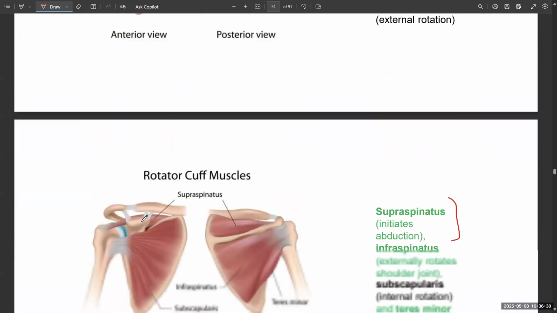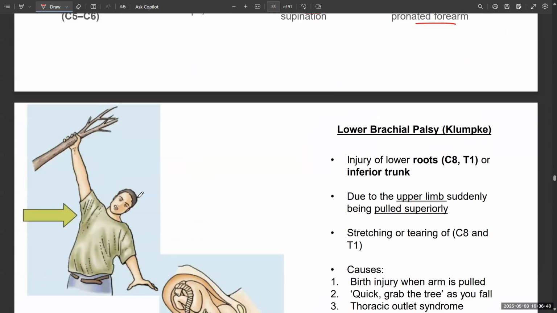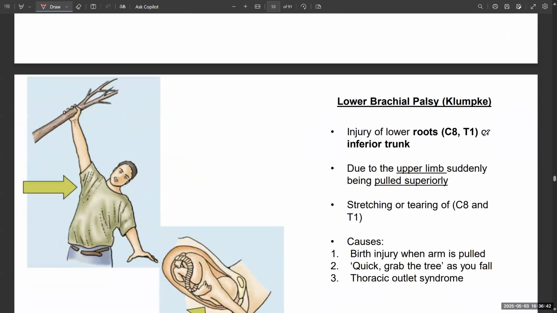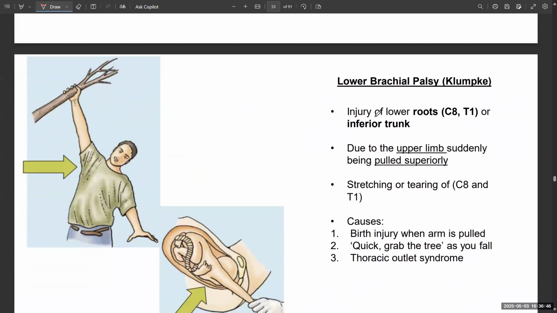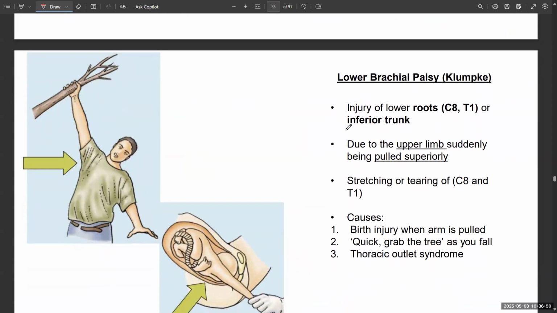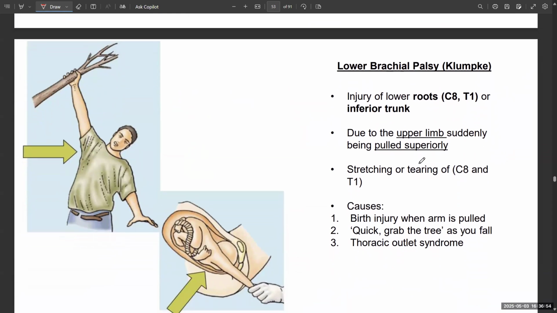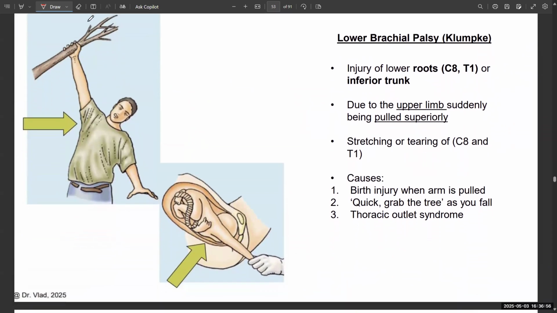Now, moving on to the lower brachial palsy. It's also called Klumpke palsy. So this is injury of the lower roots, so C8 to T1 of the inferior trunk. And this is due to the upper limb suddenly being pulled superiorly. So if you have this guy and he's falling down, right? And he suddenly grabs his branch, okay?